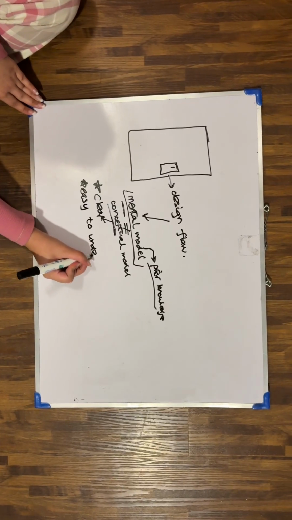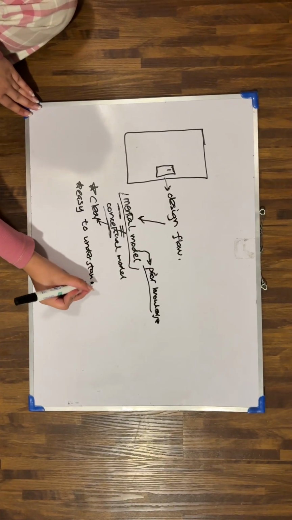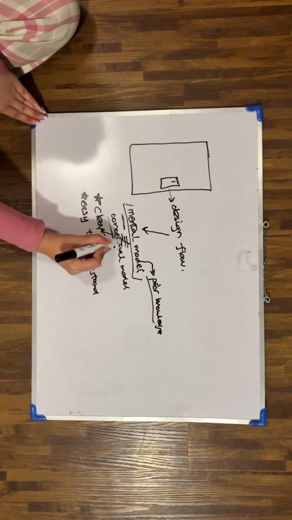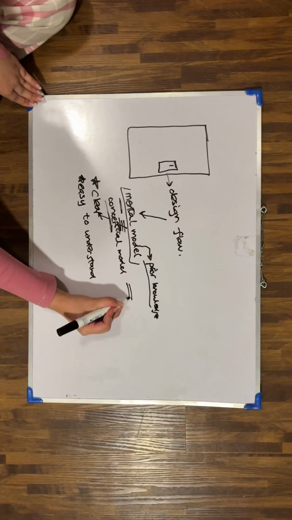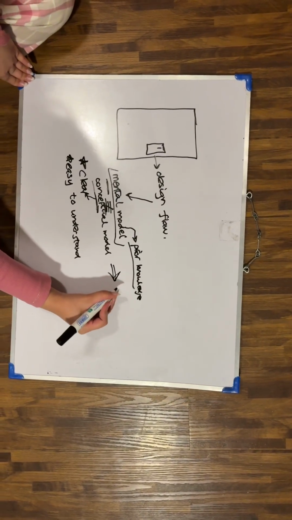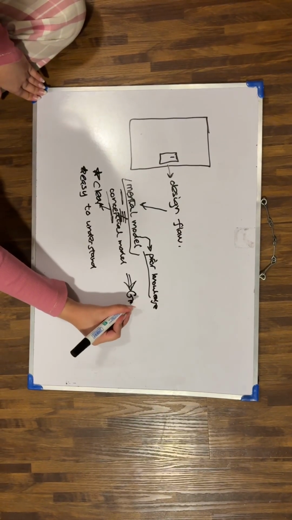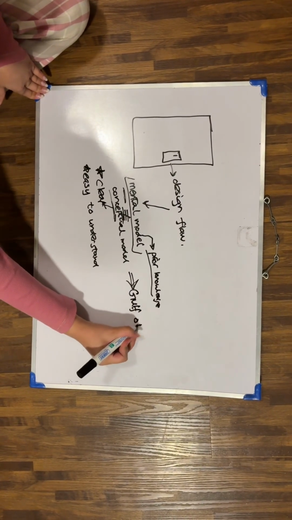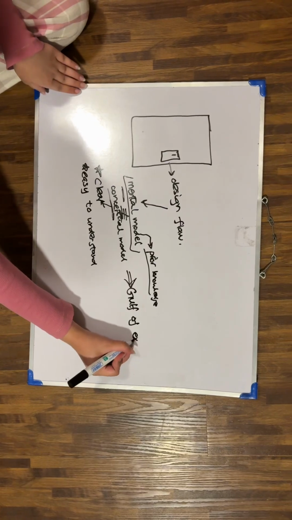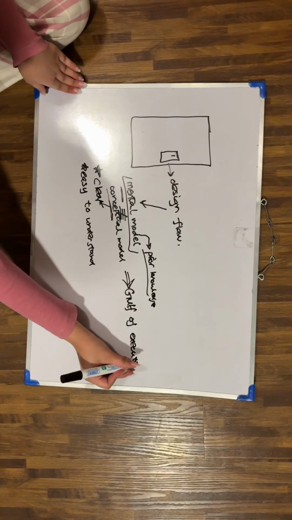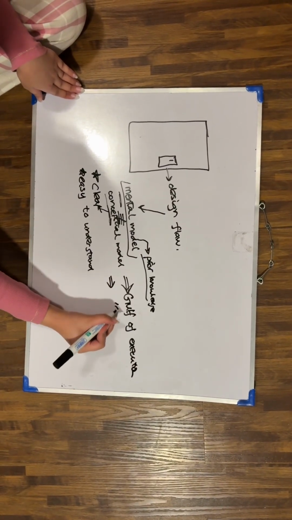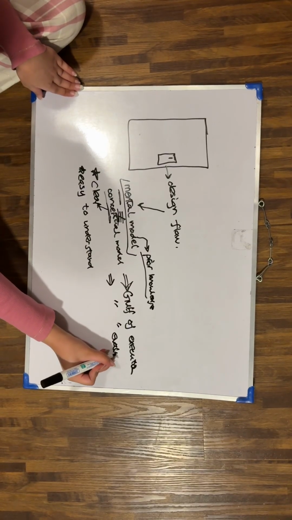Now, what happens when the mental model and the conceptual model do not align? This causes two types of gaps in understanding. This causes the gulf of execution and the gulf of evaluation.